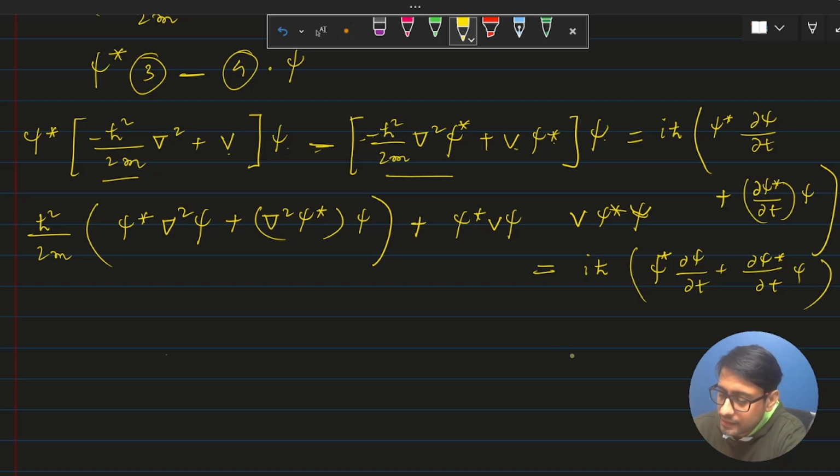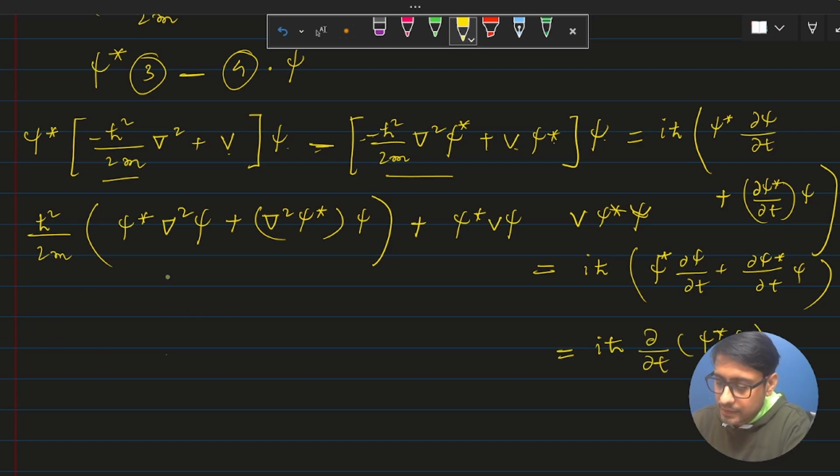So on the right hand side we can simply say that this is the derivative of the product, del over del t of psi asterisk psi, psi conjugate psi. And on the left hand side, V is a real function, so these two terms are the same and we can cancel them out.